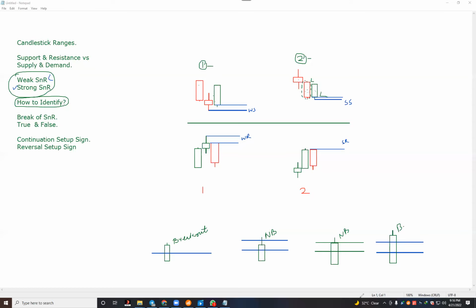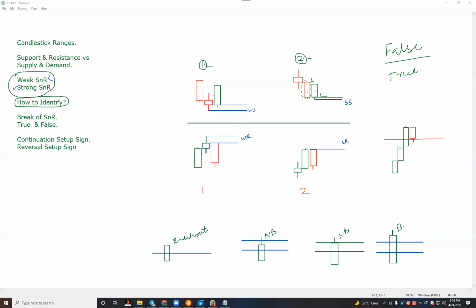A breakout has two types: false and true. For example, there is a level and the price is moving up and breaking it. Then the price is rejected back at the key level.